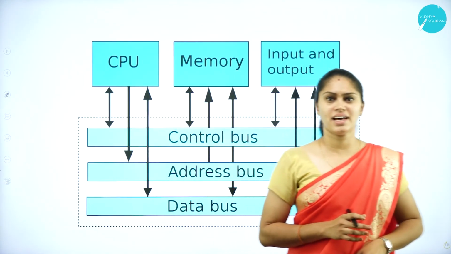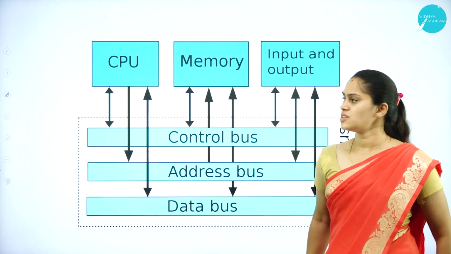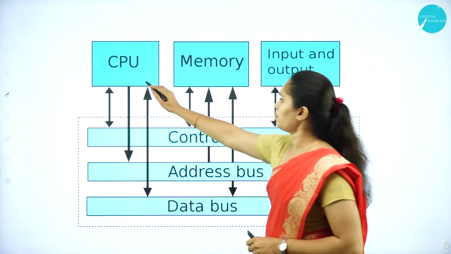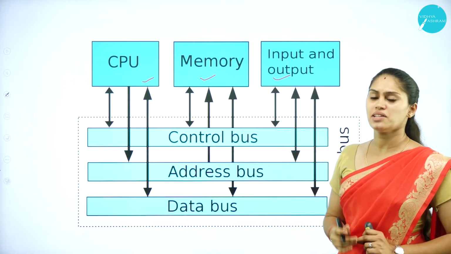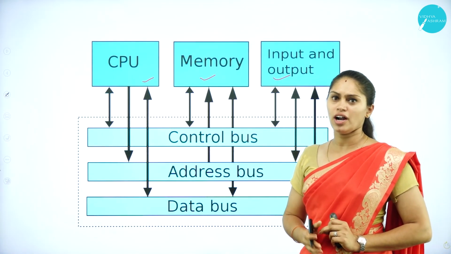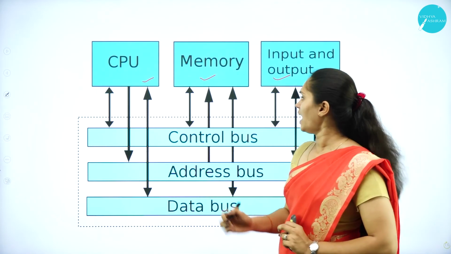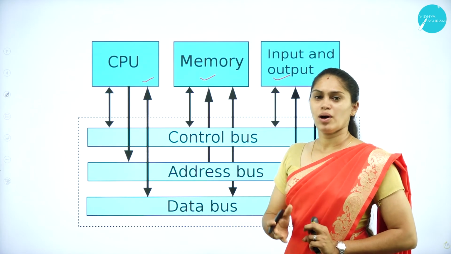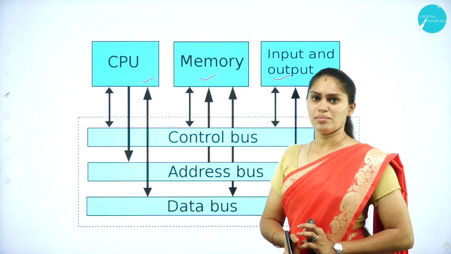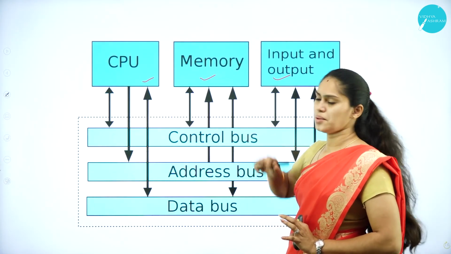Now you can see the image of the bus here. Here we have the CPU, memory and input-output unit. As we all know, the CPU is mainly used for what? Processing of the data. And the memory, whether I want to store the data or instructions permanently or in a temporary manner, I require memory.